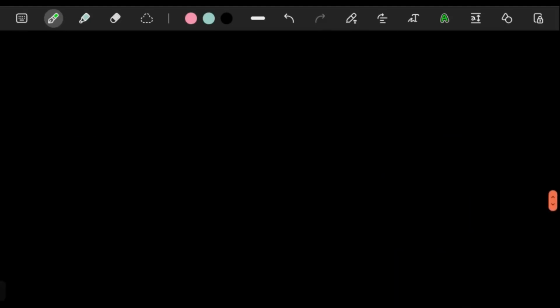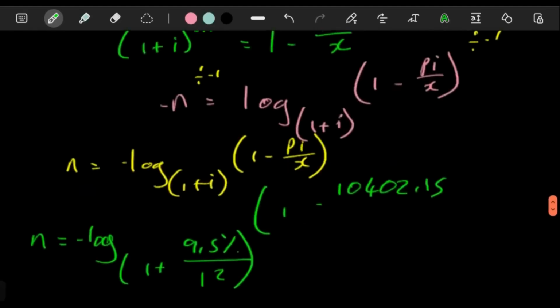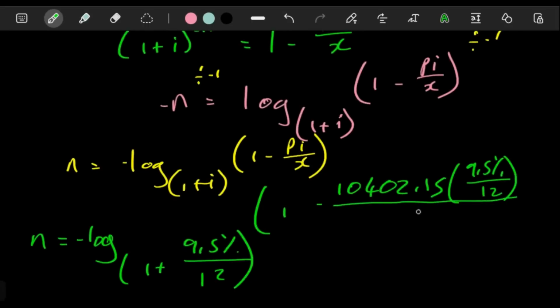You owe a bit more, which is this figure, 402.15, and this is multiplied by the interest, which is 9.5% divided by 12, right? And then this is like x. What is x?